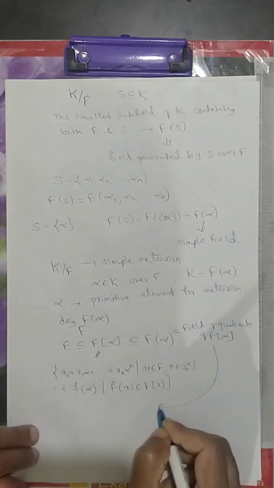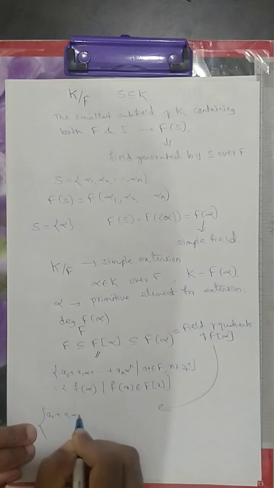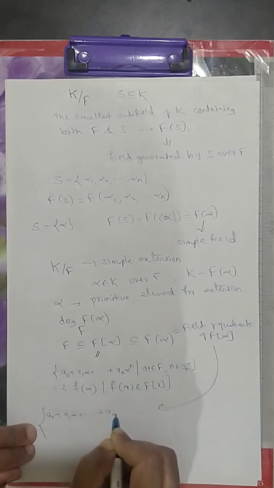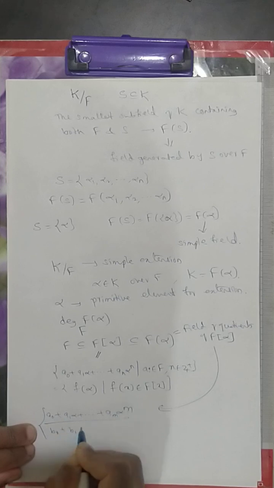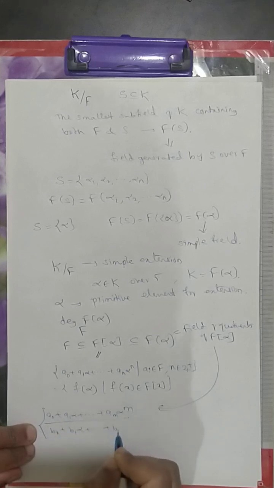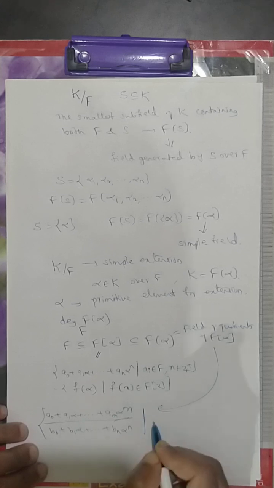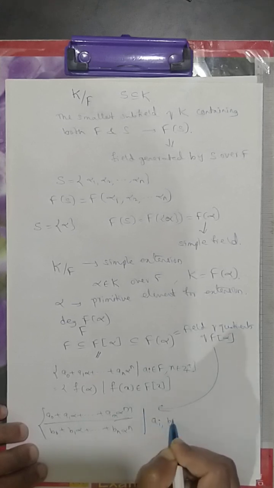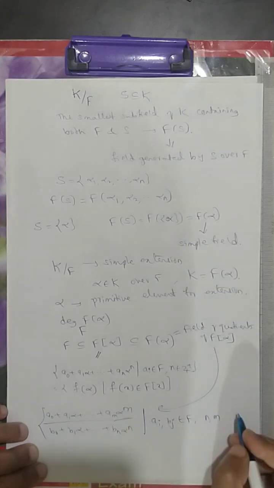Okay, so what are its elements? They are of the form, say, a0 plus a1 alpha and so on, am alpha power m, divided by b0 plus b1 alpha and so on, bn alpha power n, an element of the ring F[alpha], such that each of the coefficients ai and bj are from F, and the powers n and m are positive.